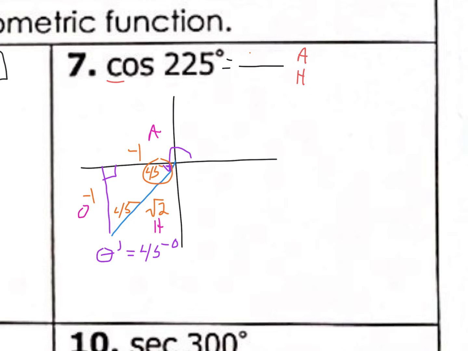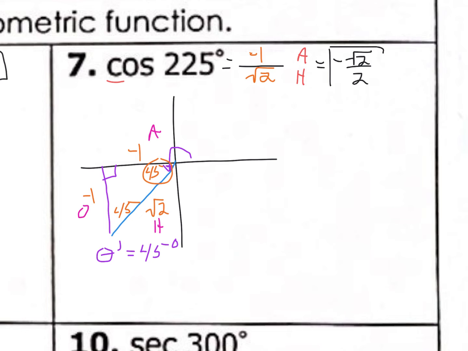So my side adjacent is -1, and my hypotenuse is the square root of 2. And of course, we're going to rationalize this by multiplying rad 2 over rad 2, and we end up with negative radical 2 over 2.